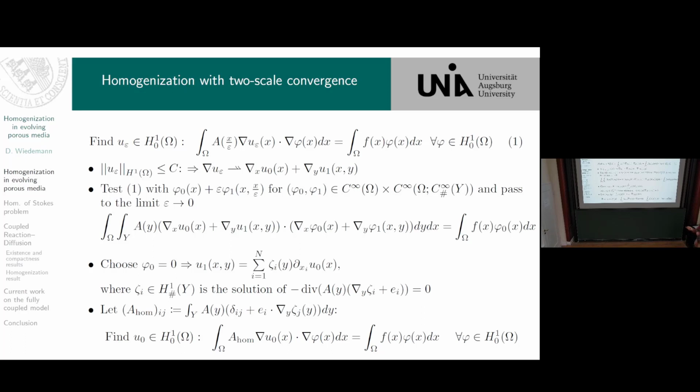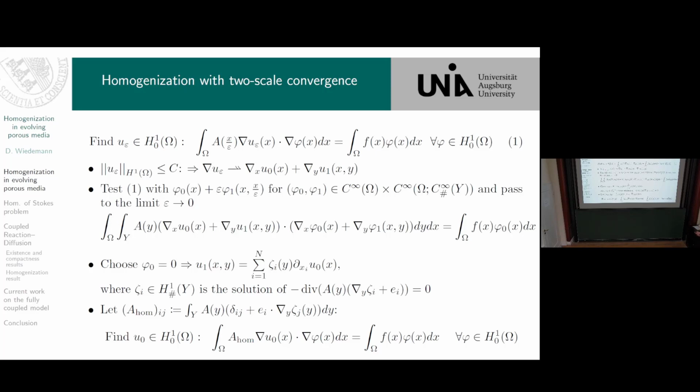And then we have also this additional u1, and we can show that u1 depends linearly on u0, and then we can eliminate u1, and then we get this effective limit problem here, where this effective coefficient a hom depends now on, or is given by solutions of so-called cell problems.